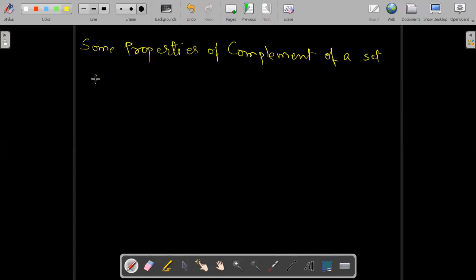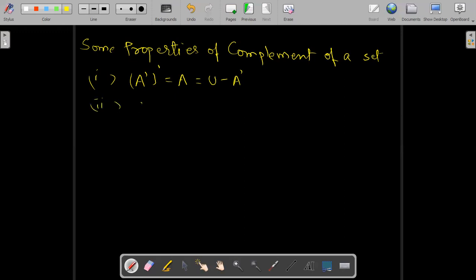Few properties are there. Number one, the complement of a complement is the set itself. A is equal to the complement of its complement. This is called the law of double complement.